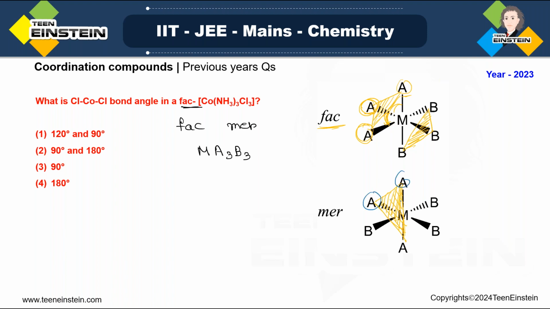If you consider these two A, the angle is 90 degree. But if you consider this A and this A, there is another type of angle, which is 180 degree. So for fac, only one angle is possible. But for mer, you get 180 degree as well as 90 degree. This is the difference. So what will be the answer? Obviously, only 90 degree will be the correct answer, isn't it?